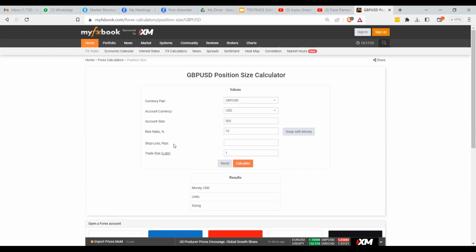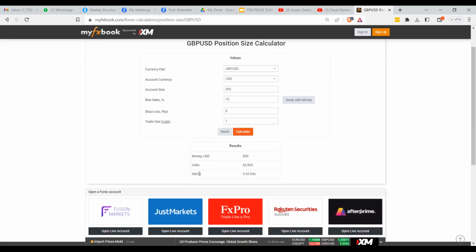So is it 10 pips? Is it 20 pips? Okay, you put it there. So let's say our stop loss is 8 pips stop loss. Trade size in lots, you leave it as default, and then you click on calculate, right? So when you click on calculate, you see it's there under sizing, you see your lot size.